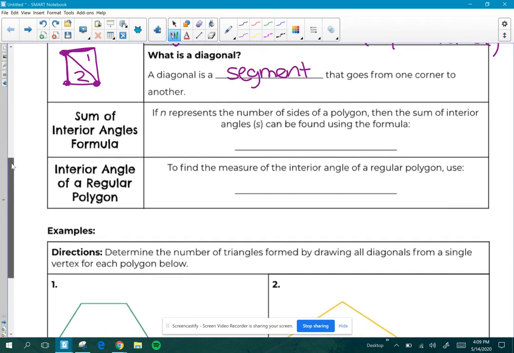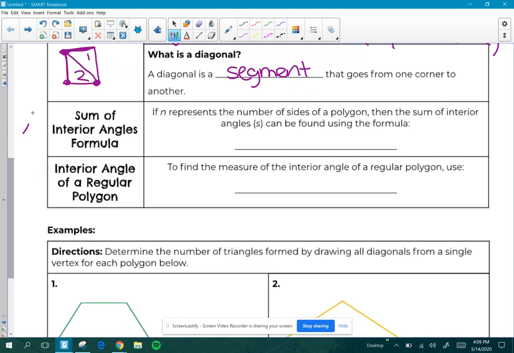If you remember, when we had triangles, all the angles in a triangle added up to 180 degrees, right? There's actually a formula that can be used to find the total sum of interior angles for any size polygon. I could have a polygon with 100 sides, and I could figure out what that sum of the interior angles would be.